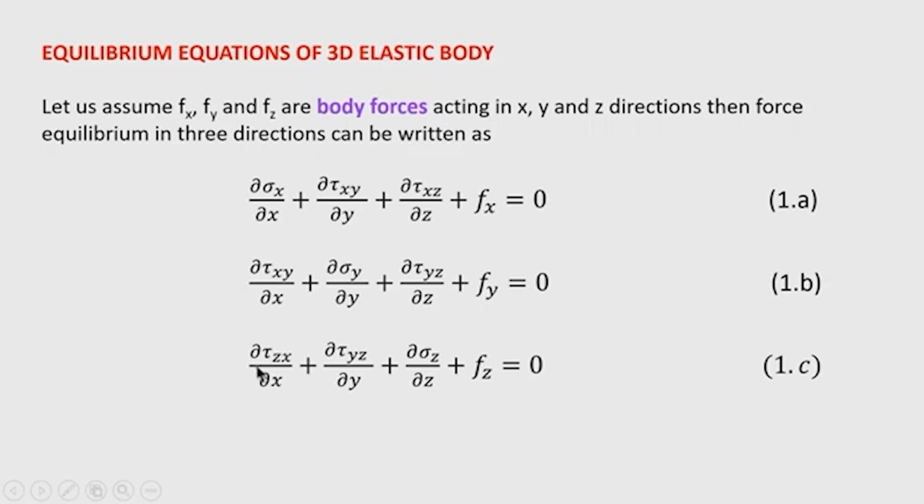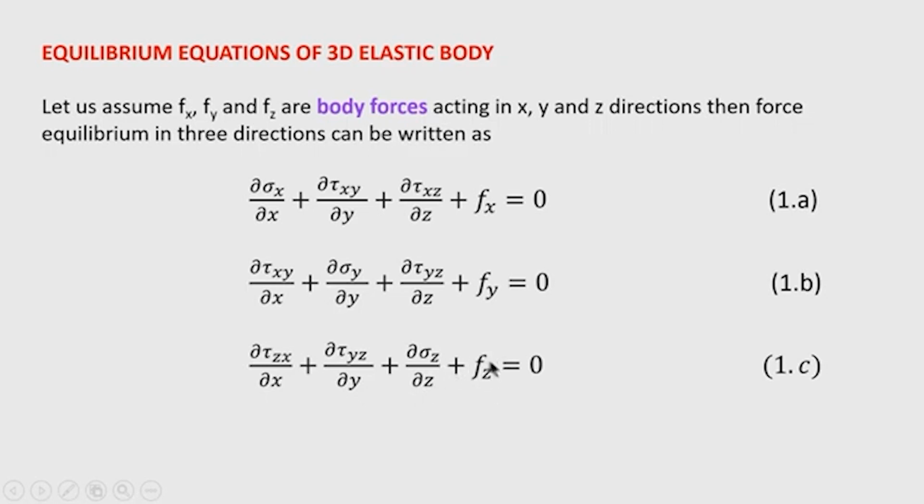Third equilibrium condition is del tau zx by del x. This is the partial derivative of tau zx with respect to x, plus del tau yz by del y, that means partial derivative of tau yz with respect to y, plus del sigma z by del z plus f z.